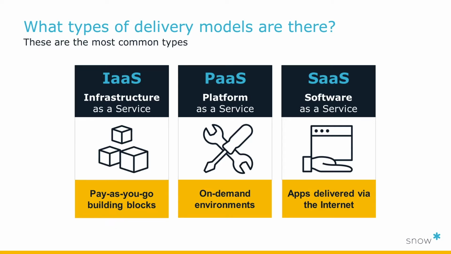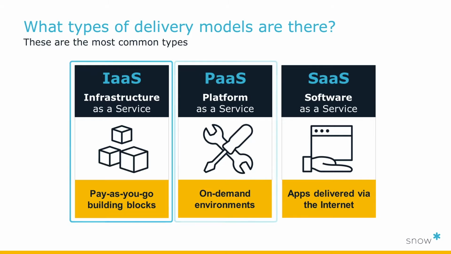Let's get started. These may be familiar: IaaS, PaaS, and SaaS. They're the three most popular cloud delivery models. IaaS, or infrastructure as a service, is the on-demand access to cloud-hosted virtual servers, storage, databases, and networking, sort of the back-end IT infrastructure that you need for running applications and workloads in the cloud.